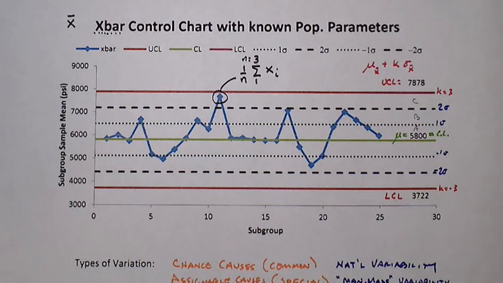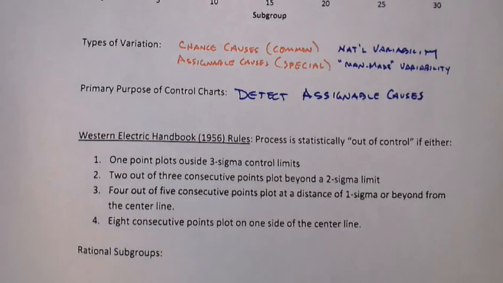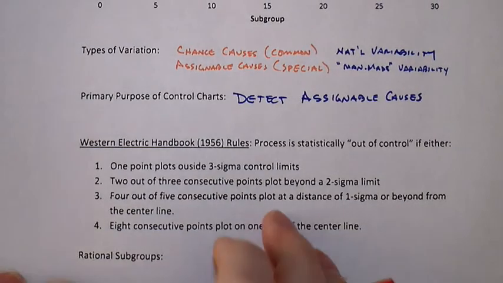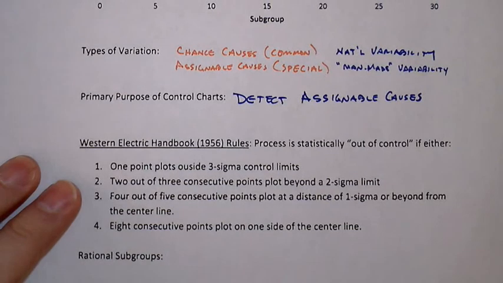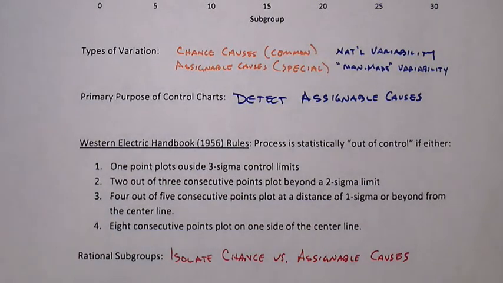And so that's a big thing here down at the bottom when you have this little small bullet about rational subgroups. Your goal here is to isolate your chance causes versus your assignable causes. Don't mix in something that could cause a change, such as a change in raw materials, or being careful to think about who's doing the operation of the production.